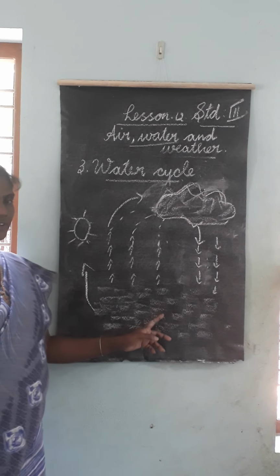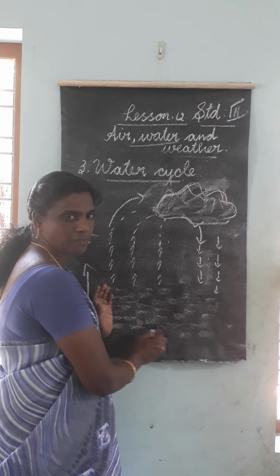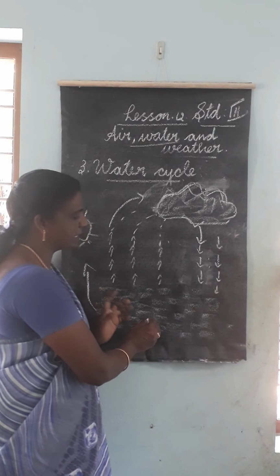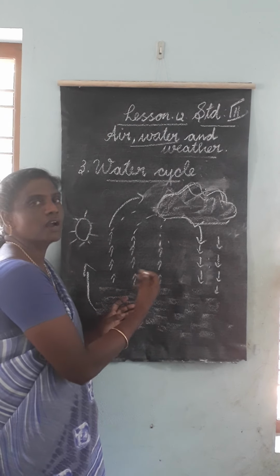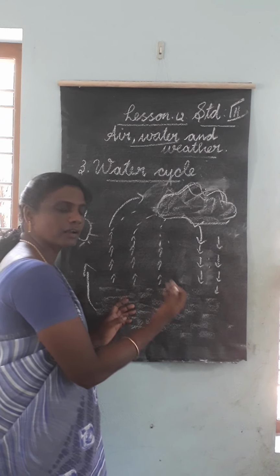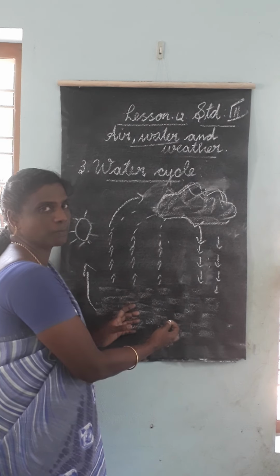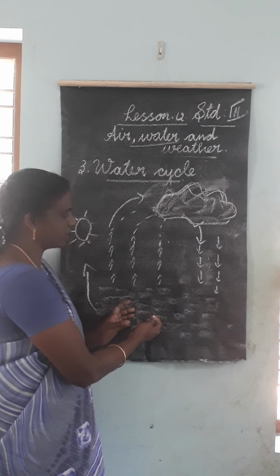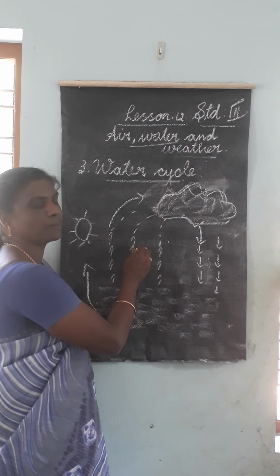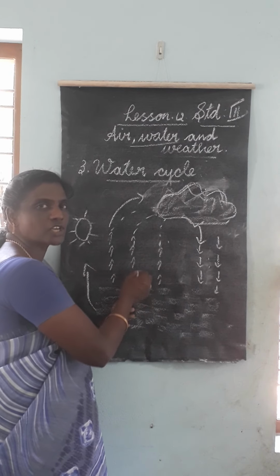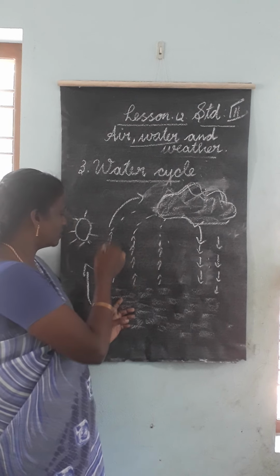First, these are the water bodies, isn't it? This is sea water or pond water or river water, any one of the water bodies. This water is changed into water vapor. How?